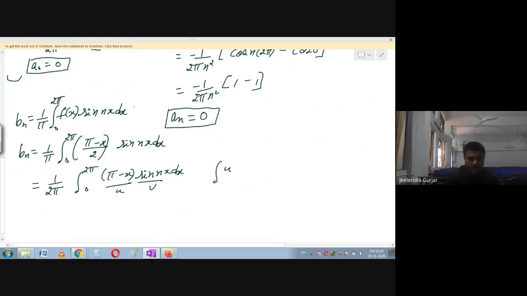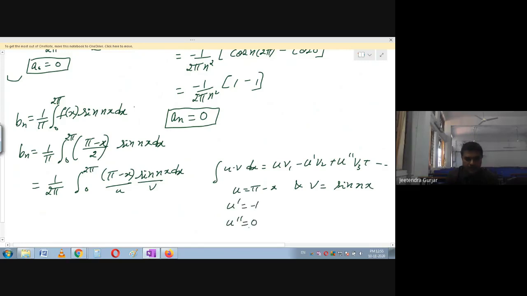The integration of the product of two functions u and v is u v1 minus u dash v2 plus u double dash v3 and so on. So please take u is equal to pi minus x and v is equal to sine nx. So u dash will be what, friends? Minus 1, and u double dash will be 0.